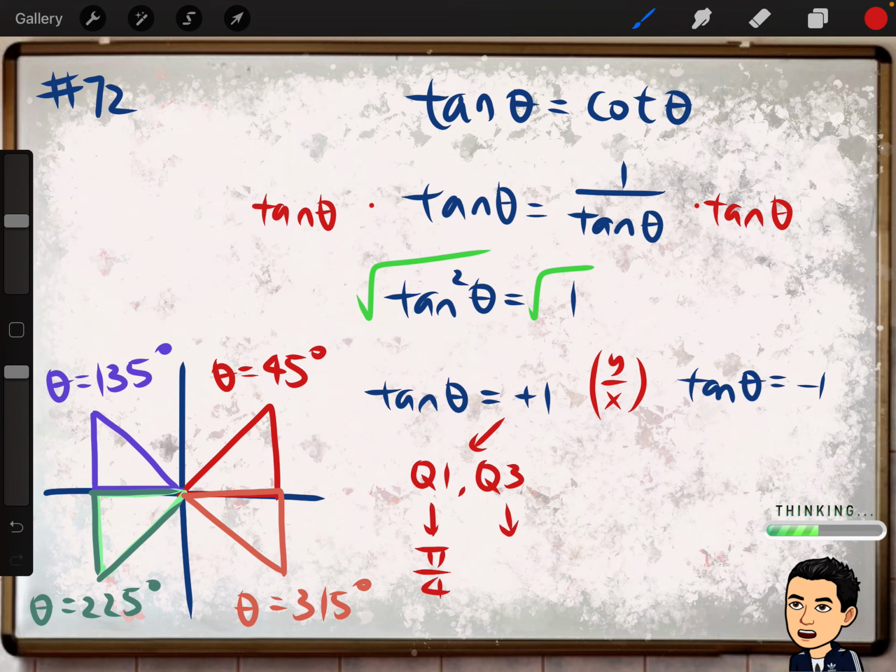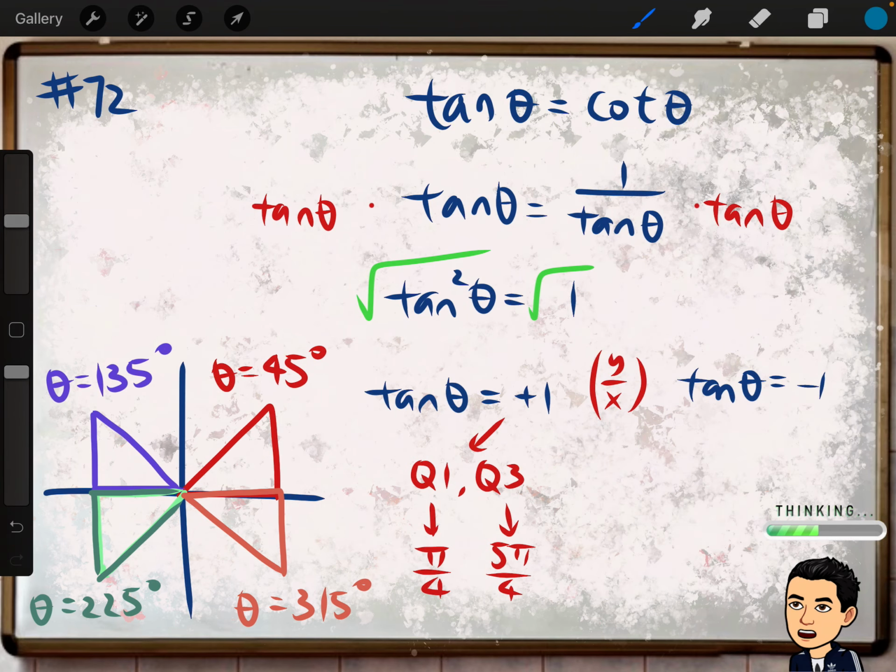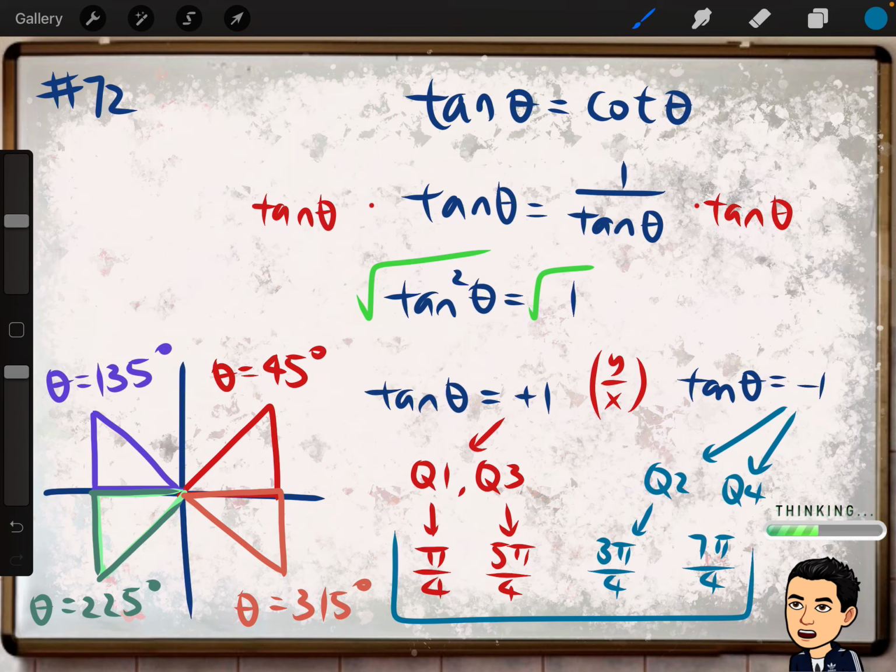The one in quadrant 3, you write 5 pi over 4. Let's look at the other one. The one with the negative 1 is going to be in quadrant 2 and quadrant 4. For quadrant 2, you write 3 pi over 4. For quadrant 4, you write 7 pi over 4. All of them are your answers.